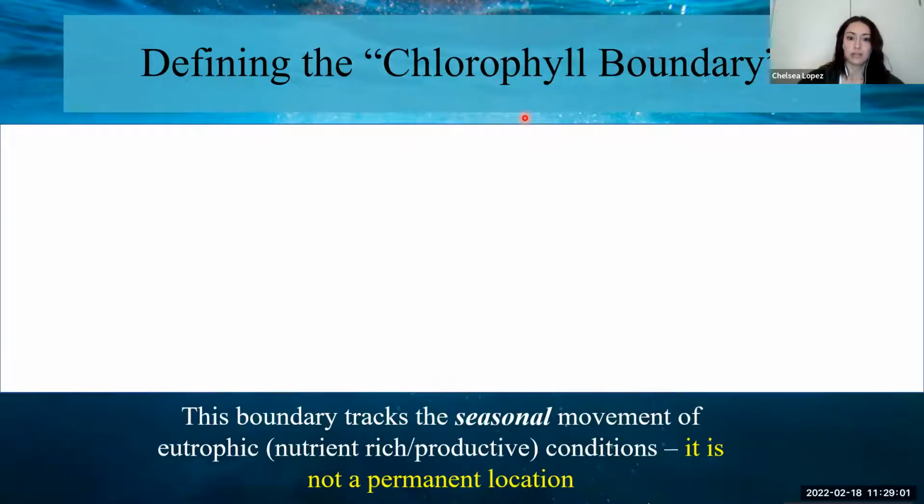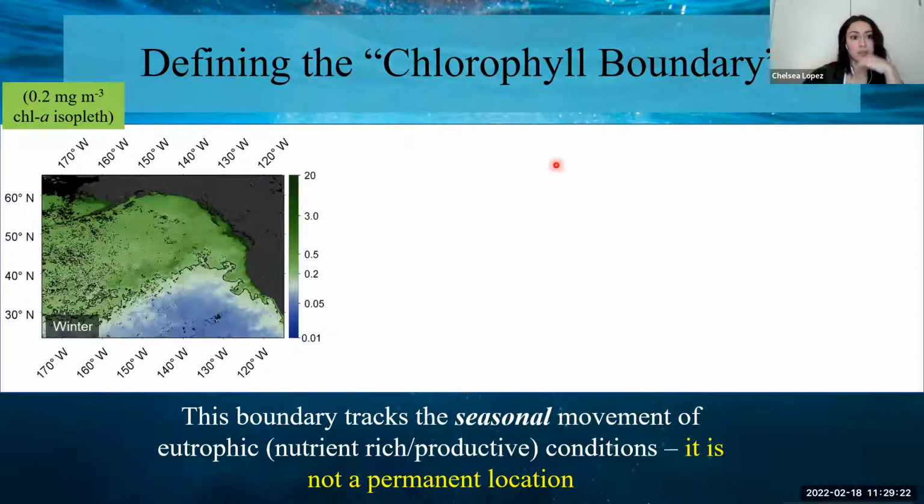If we track this boundary using satellite chlorophyll data, we can track the seasonal movement of eutrophic conditions. So it would be where that mixed layer depth crosses the nutricline, and we can track that. It's not a permanent location, so it changes from winter to spring. So we can see if that matches up with those locations that we think it's crossing. It's operationally defined as a 0.2 milligram per cubic meter isopleth, so just where that threshold is crossed.